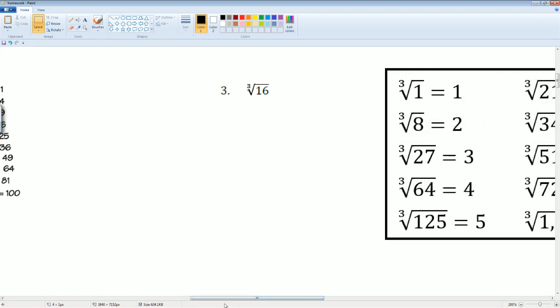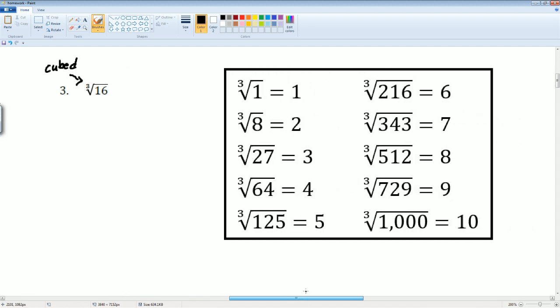Here this is a cube. So you are going to use what? Your list of perfect cubes.